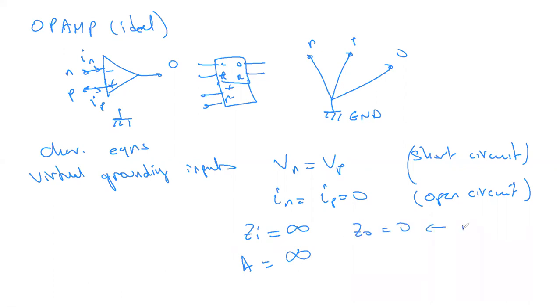These are the ideal amplifier characteristics, and this is why it's called an operational amplifier. In an ideal amplifier, not having a loading effect when driving any circuit, these are the properties that you would like to see. Plus, you have a good gain of infinity, which is another good positive effect.